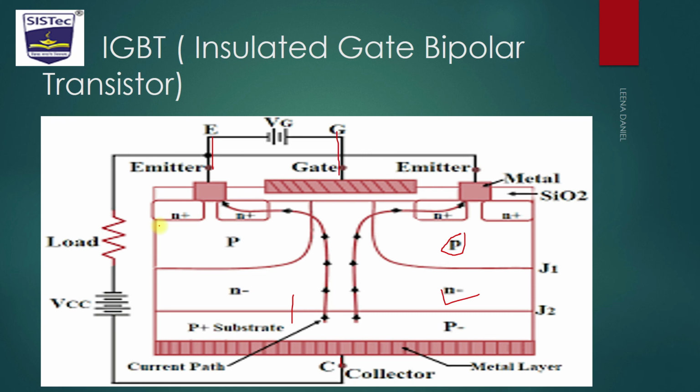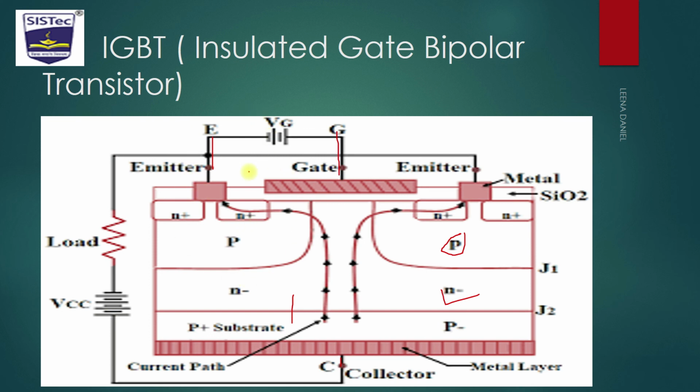And in the IGBT, we consider everything with respect to the emitter. When the collector is made positive with respect to the emitter, the IGBT gets forward biased.